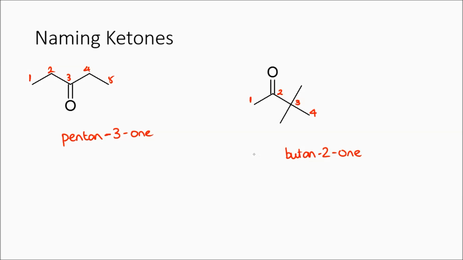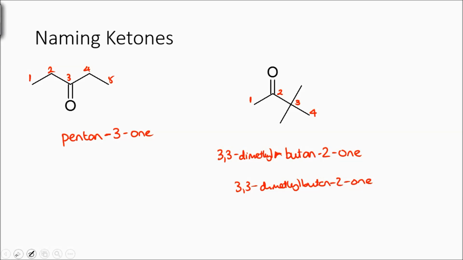So it's 3,3-dimethyl. Okay, it's more like I've put an extra hyphen there. 3,3-dimethyl butan-2-one.